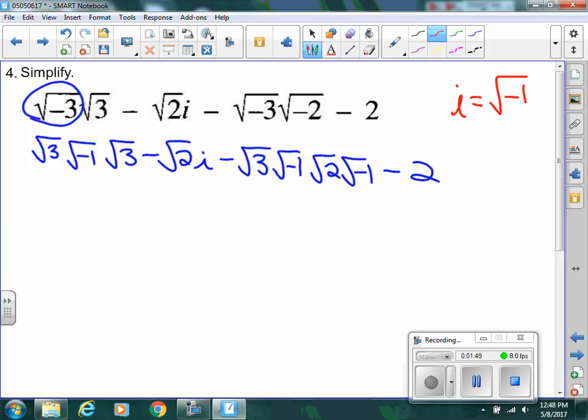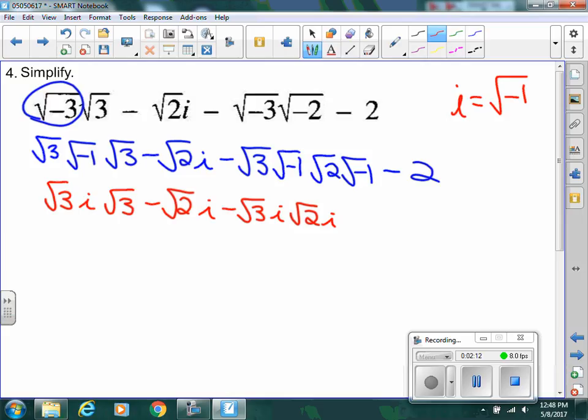I'm going to say square root of 3 times i times the square root of 3 minus, I already have an i here, I don't need to do that, minus the square root of 3 times i instead of the minus 1, and the square root of 2 times i instead of the minus 1. Notice that the i doesn't go underneath the radical.